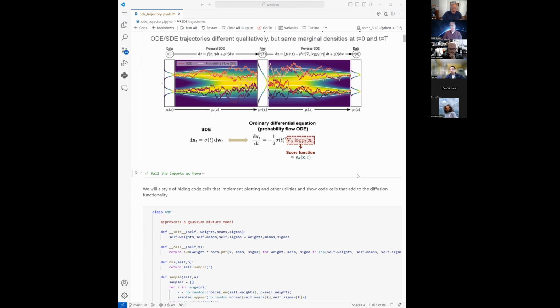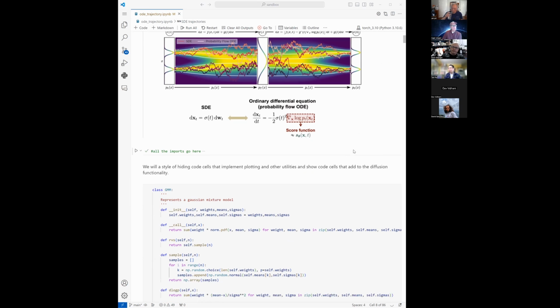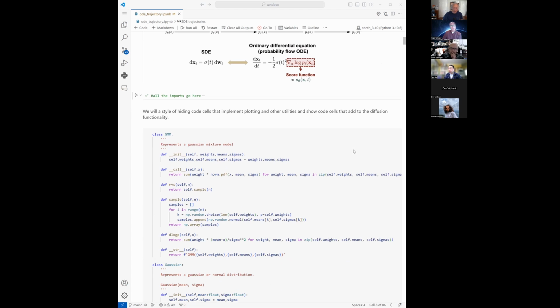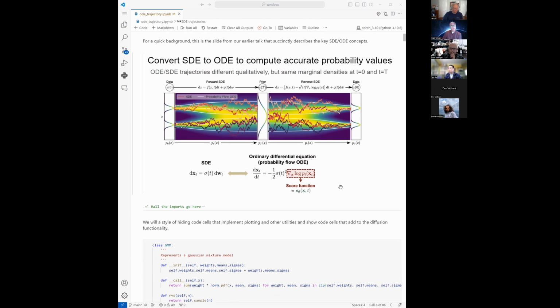That's correct, and that corresponds to the ODE flow. Yeah, probability flow ODE. It says also there in the legend, on the top, SDE and probability flow SDE. Right above the first white line: probability flow. Thank you. Perfect, that confirms it.